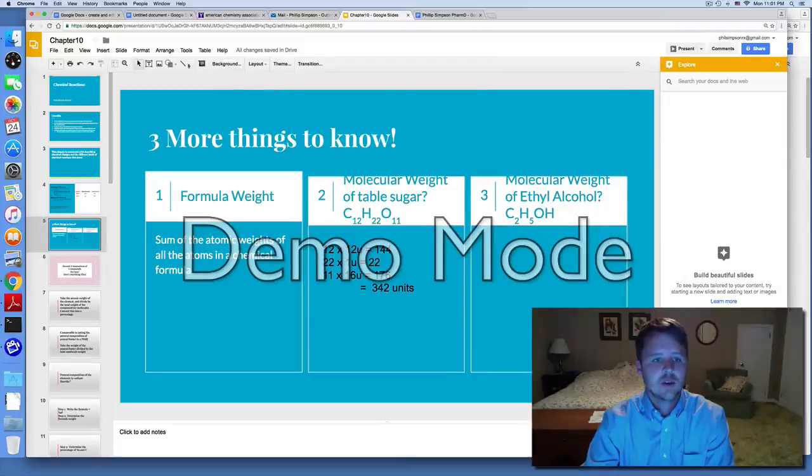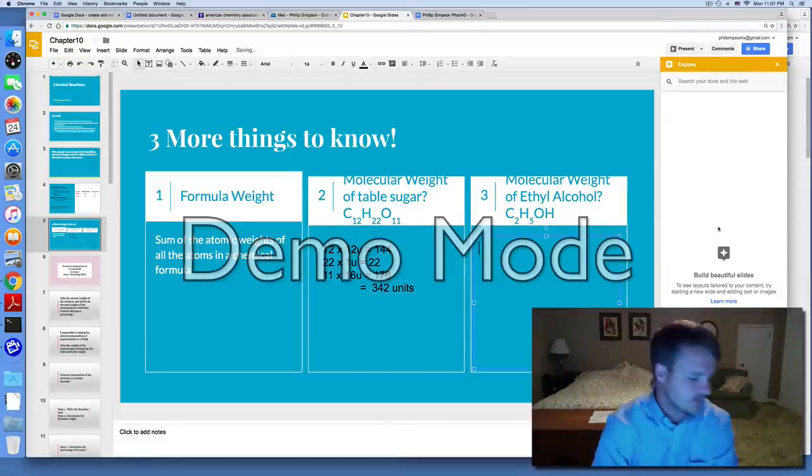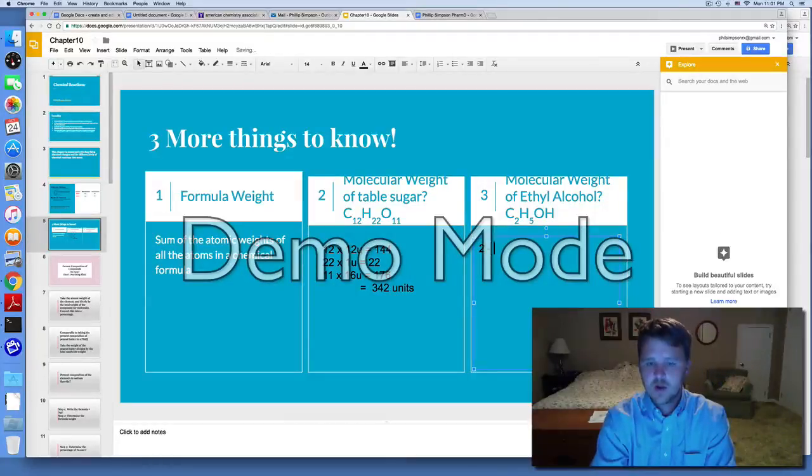And then, what is the molecular weight of ethyl alcohol? So carbon is 2 times 12 units, which is 24 units. H is 5 times 1 unit, which equals 5 units. Wait, there's actually 6 hydrogens in that molecule.